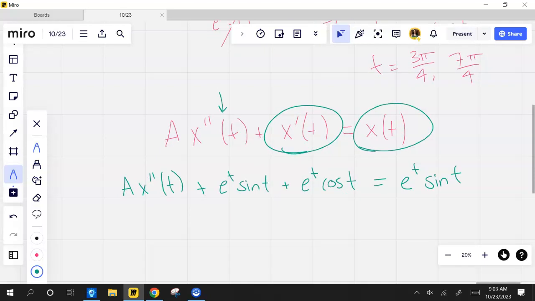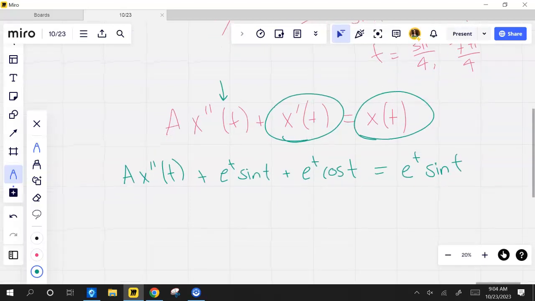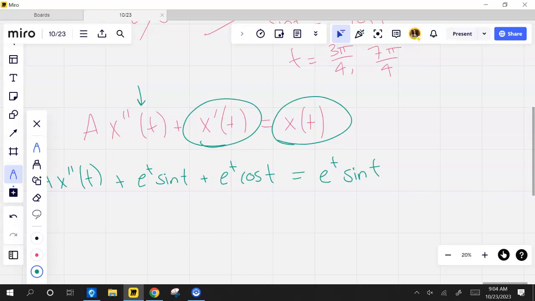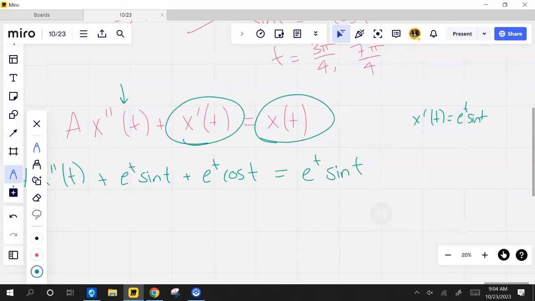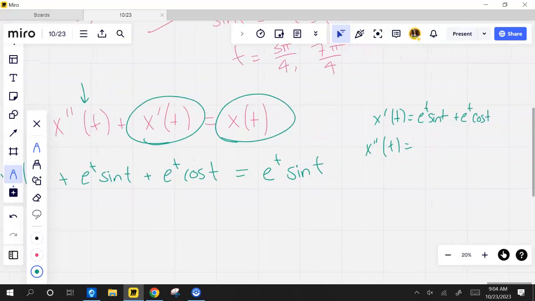All right. I need to know the second derivative. So I know the first derivative. I got e to the t sine t plus e to the t cosine t. So I need the second derivative. It's going to look a lot worse than what it actually is. I got two product rules here, right? Let's do this one first. Derivative of the first times the second plus the first times derivative of the second.